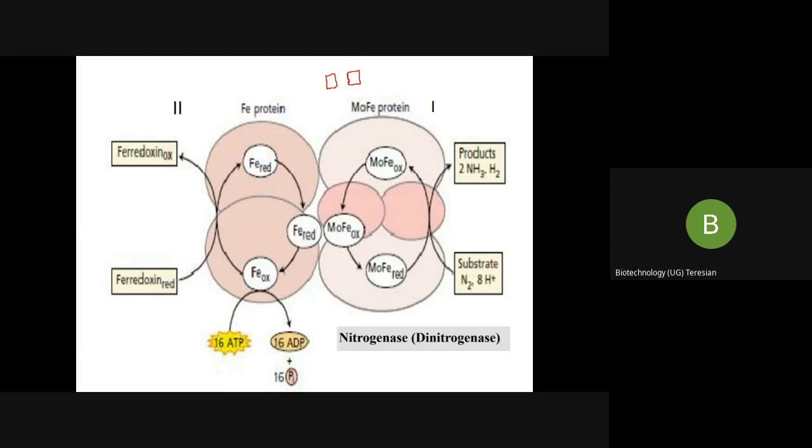Then this is your component 2, and it will be ready for reduction. Once it is ready for reduction, the ATP will go and bind to this component 2.